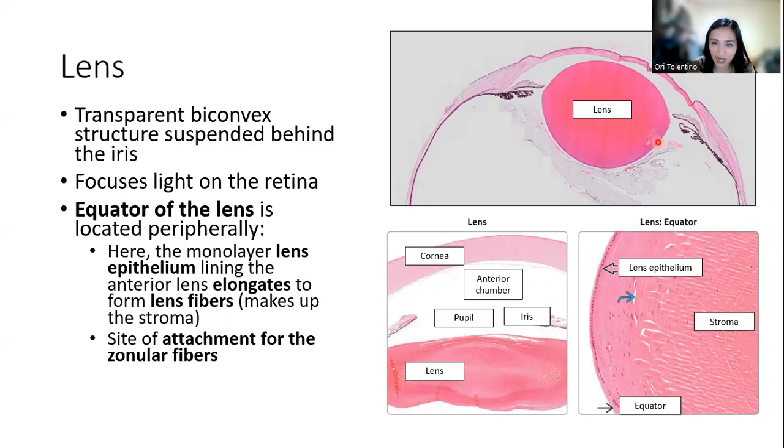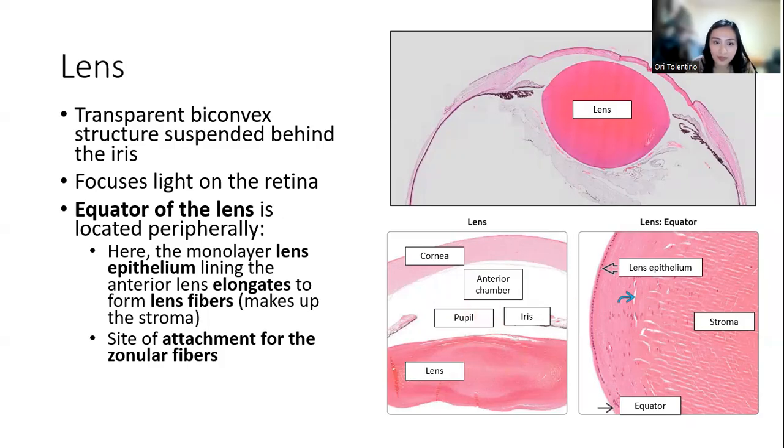This is just the stain that makes it look pink, but in reality, it is clear. It lies behind your iris, the anterior chamber and the cornea. I'll tell you the different parts later. The pupil is the opening within the center of the iris, and behind it is the lens.